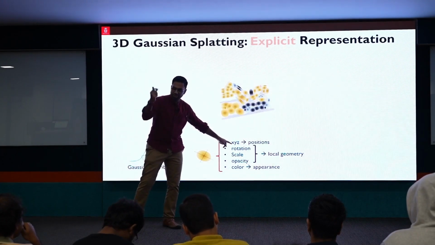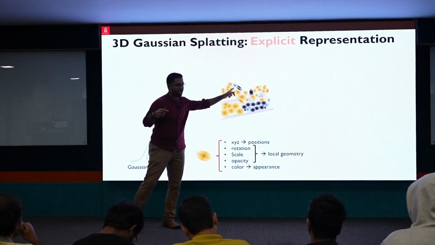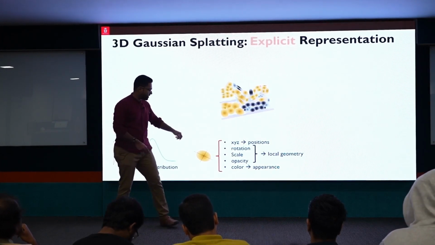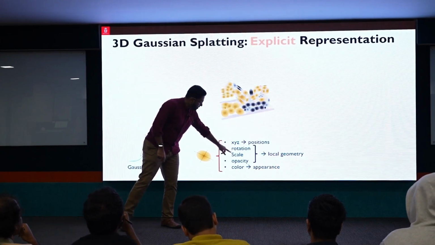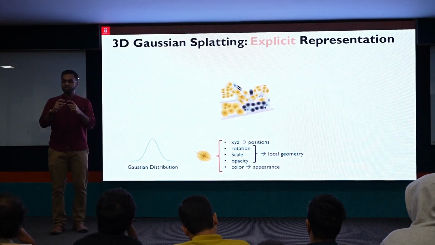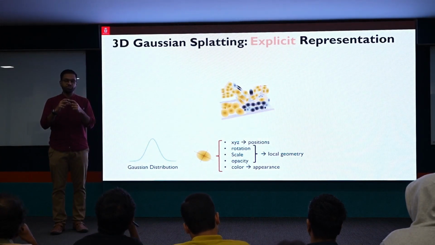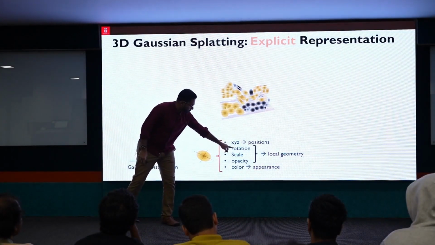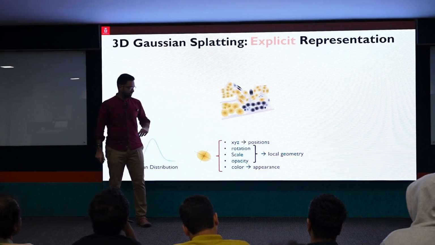That's the position, the center of the Gaussian function. That can be anywhere in the scene. Usually, it's co-located with the part of the scene that it represents. We also have rotation and scale. In a Gaussian function, rotation and scale are represented using the covariance matrix that describes the Gaussian function. So that captures the rotation and scale of that Gaussian function.